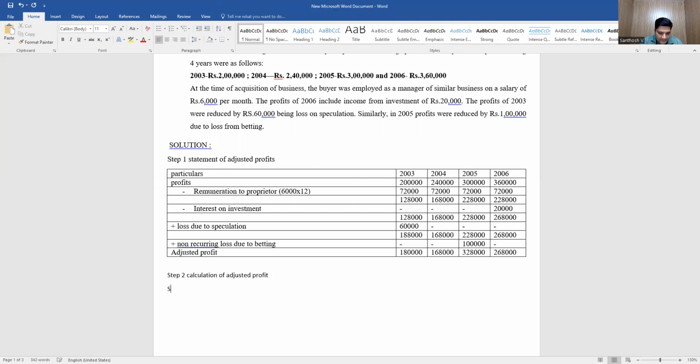Simple average profit equals the total adjusted profits of all the years divided by the number of years.